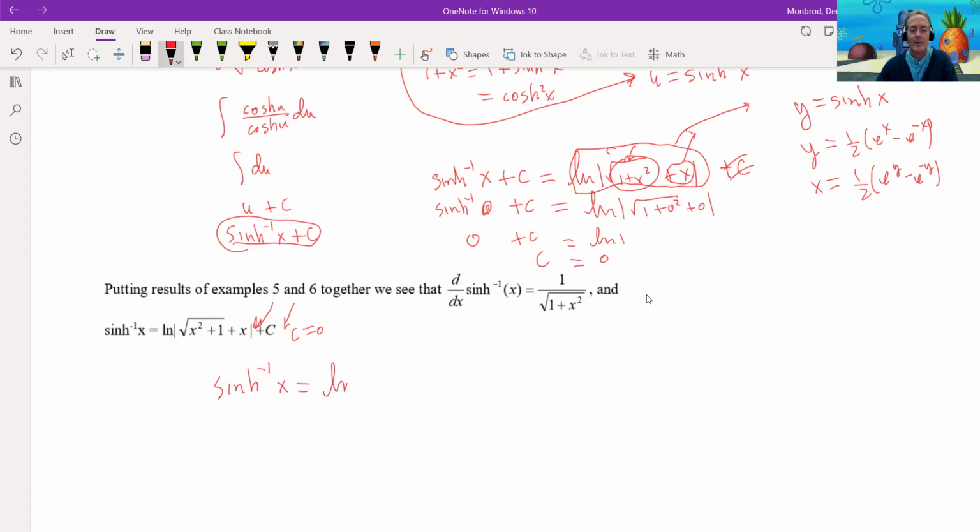It'll just be the natural log of x plus the square root of 1 plus x squared, like that. You don't need the bars. We didn't know that when we integrated, but now we've analyzed it and we know that. So that's trying to put those two results together.